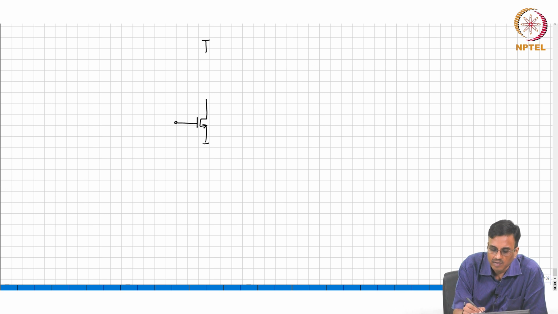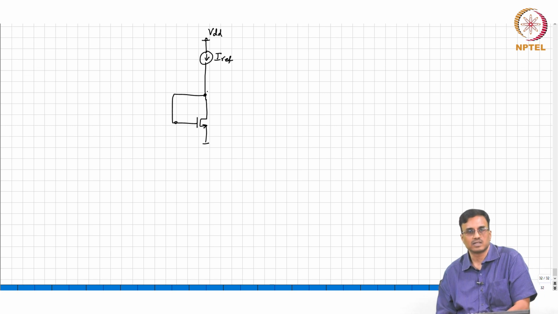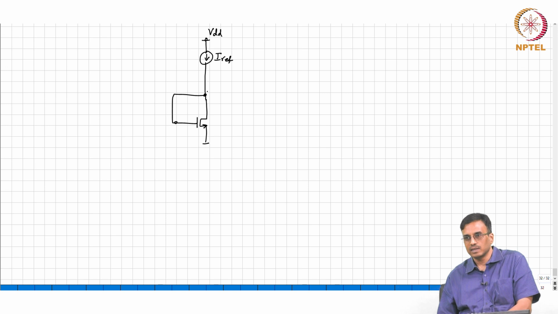So we basically say, okay, this is VDD, this is Iref, and we have already seen that feeding the drain voltage back to the gate stabilizes the current, so that the drain current is equal to Iref.